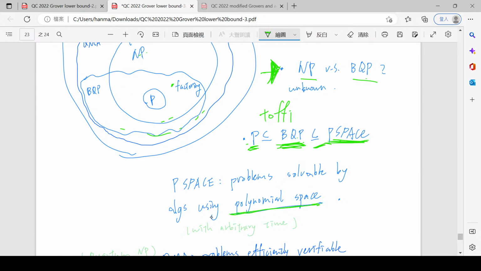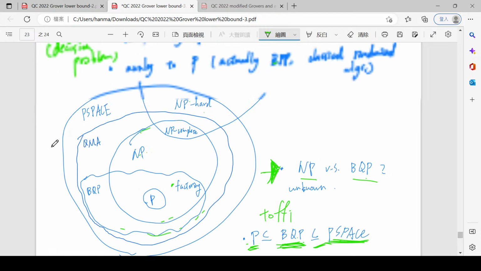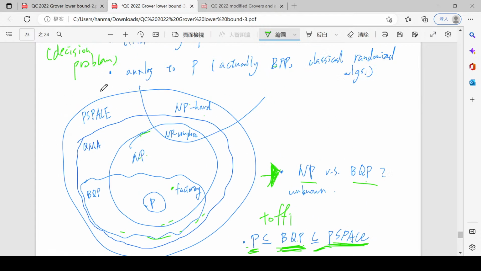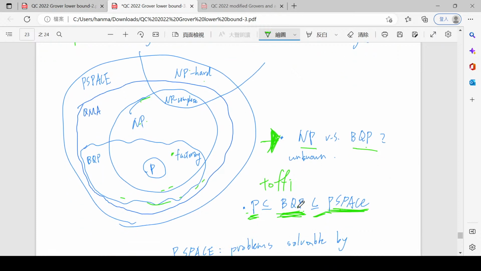You use polynomial space, but you can use any time, so potentially you can use exponential time. PSPACE is huge, so you can prove that NP is inside PSPACE, and BQP is also inside PSPACE. So this is the biggest complexity class encircling everything.